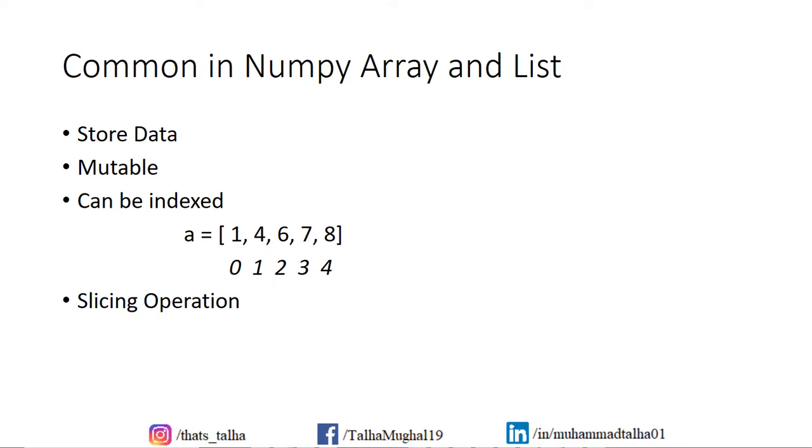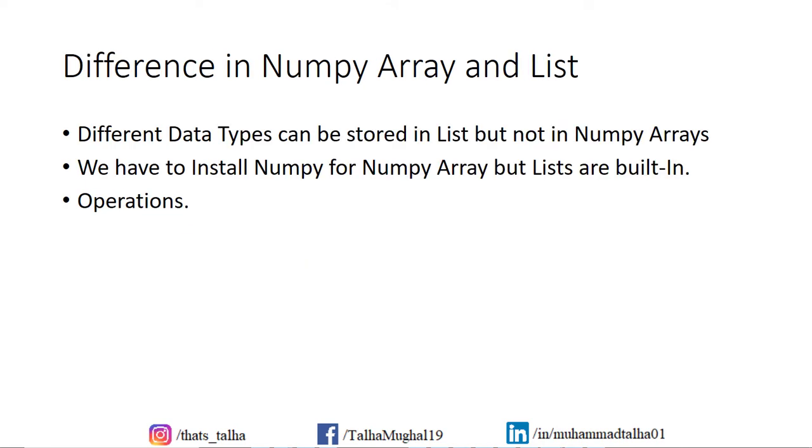We have those indexes in NumPy arrays, and we also have those indexes inside of our Python lists. Because of those indexes, we can also go ahead and do slicing. So we can slice our NumPy arrays, and we can also slice our Python lists. Now let's discuss the differences between NumPy arrays and lists.